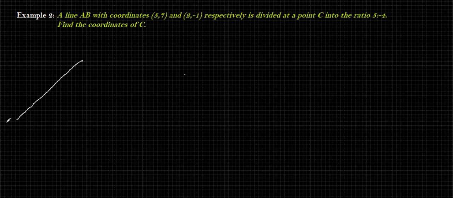We have a point A here, which is (5, 7), and we have a point B here, which is (2, minus 1).